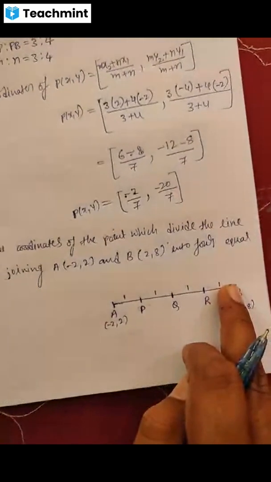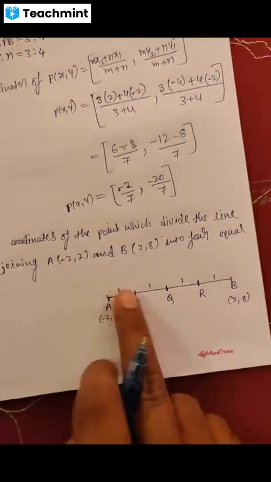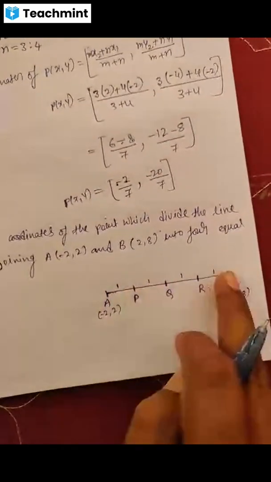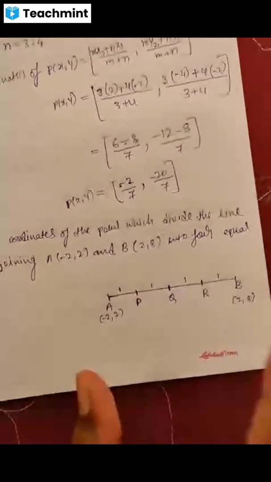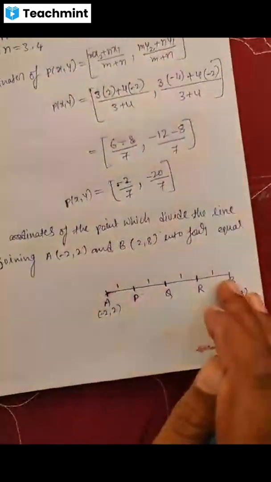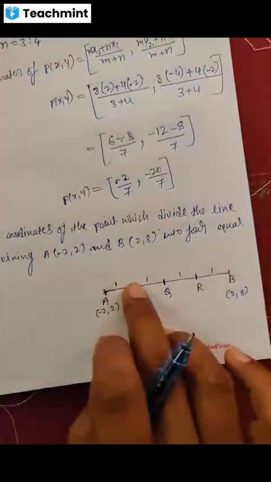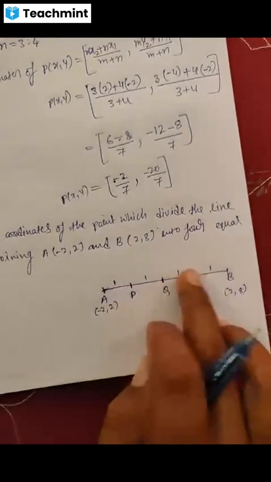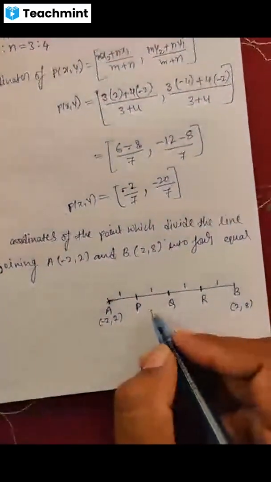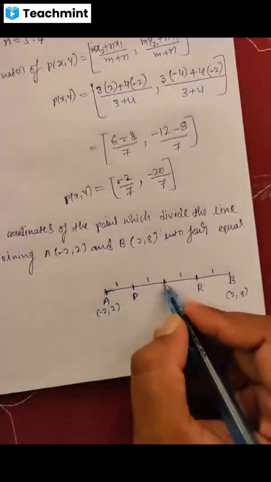Only when we are taking unit 1 means that time all the parts should be equal. Okay, so when all the parts are equal, unit should be considered as 1. So A to P is 1, P to Q is 1, Q to R is 1, R to B is 1. So if you need to find the point Q, it is exactly at the middle.